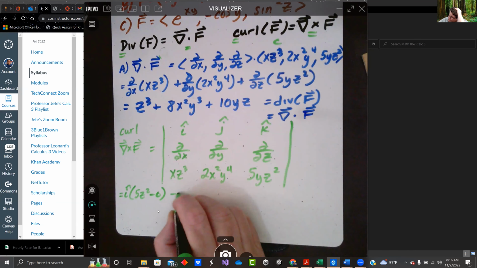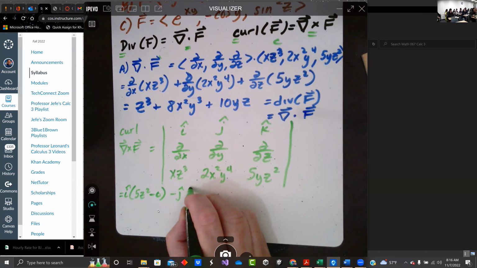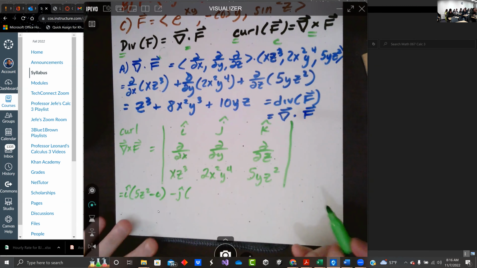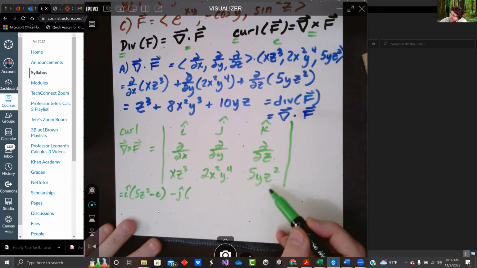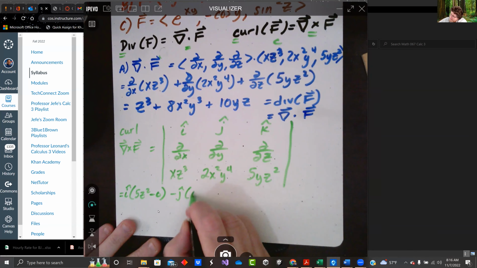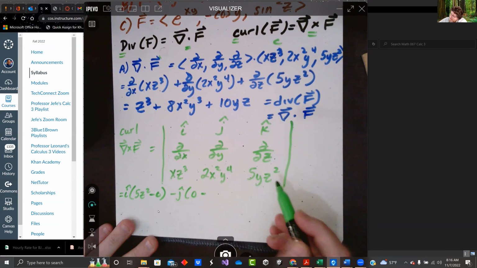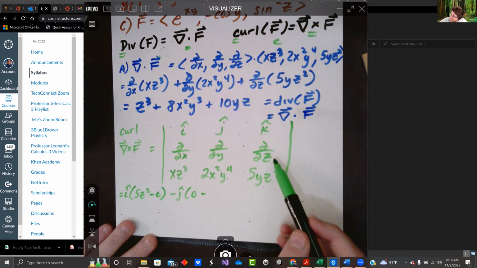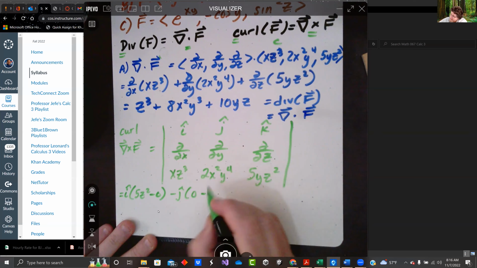Then I've got minus j hat, because the second part is always negative. I've got 5yz squared, the derivative with respect to x is 0. And then I'm going to do minus the partial derivative with respect to z of xz cubed, which is 3xz squared.